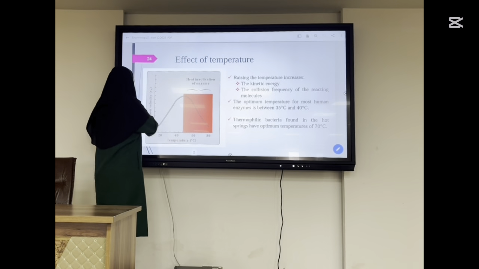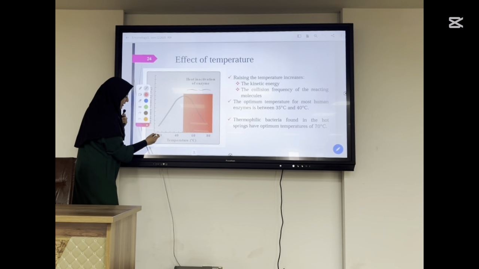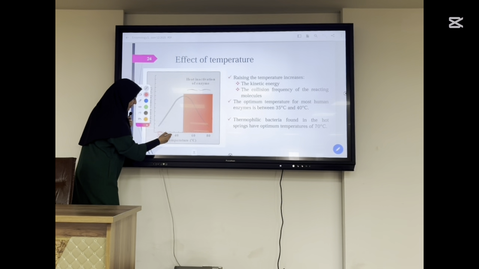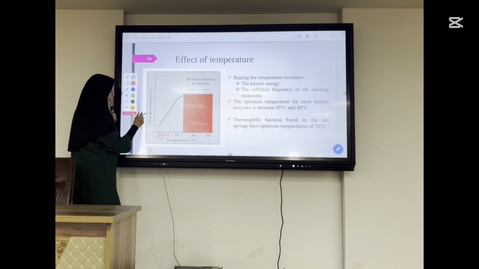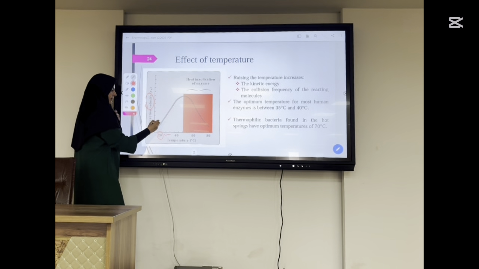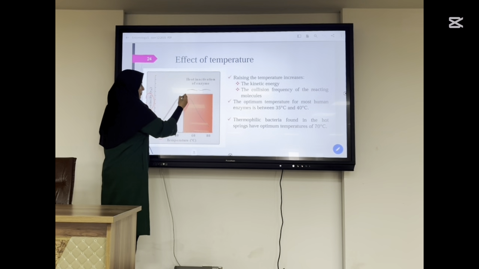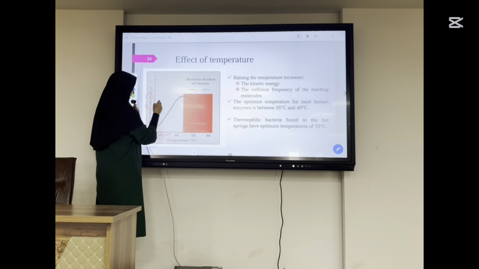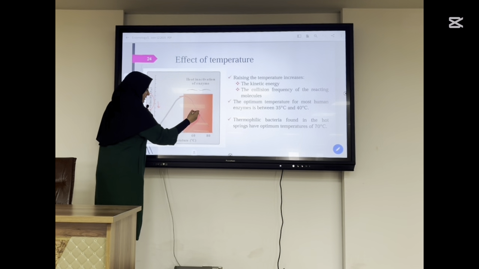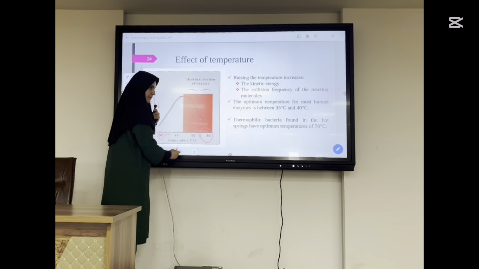So, as you can see here, when you increase temperature, you increase the rate of reaction and velocity. But we have an optimum. After that, further increased temperature causes decreased velocity, as you can see here. Okay?